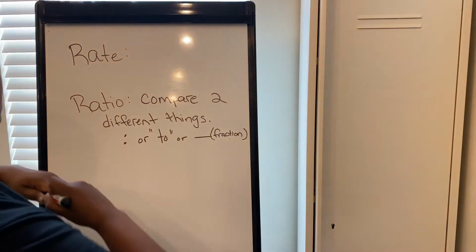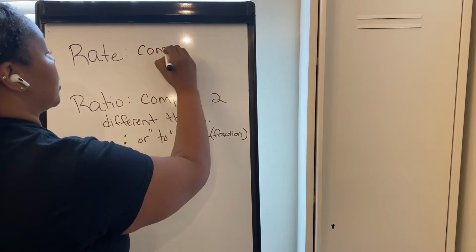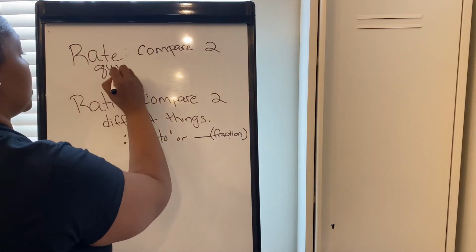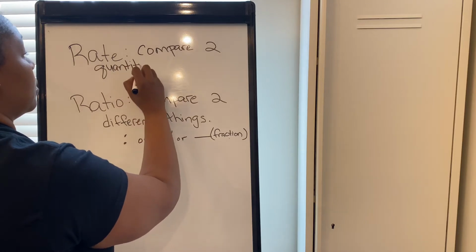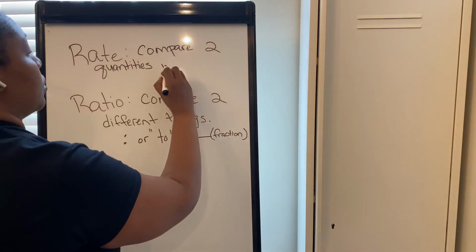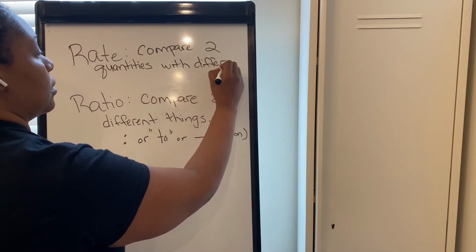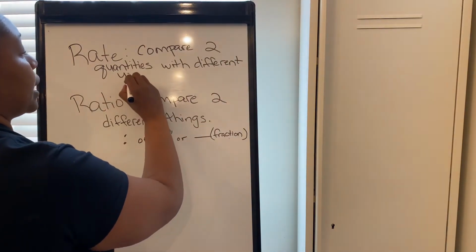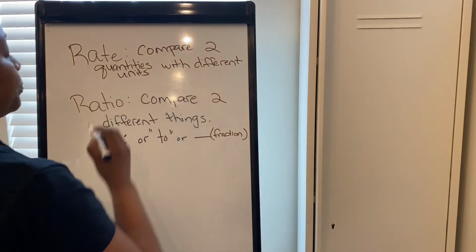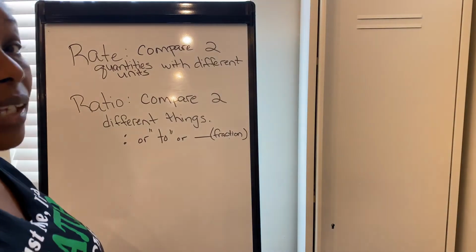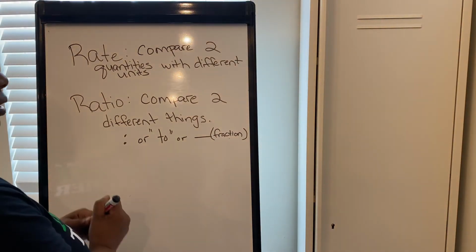So this compares 2 quantities with different units. Okay? That is going to be, you're also going to show that as a fraction. So let me show you an example.